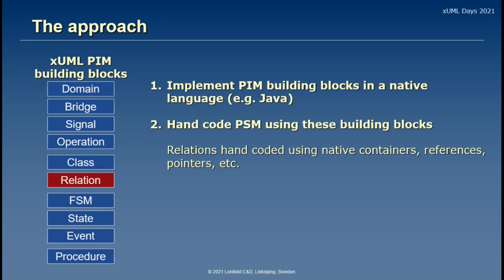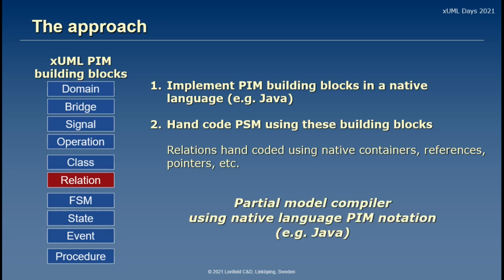However, it was very clear from the beginning that implementing object relations using Java templates would be a major undertaking. Instead, I decided to translate relations by brainpower and implement them using Java containers, references, and so on.